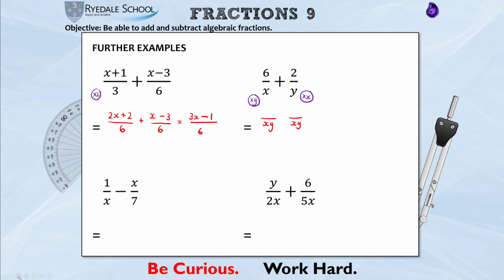So let's now multiply the numerators. If I've multiplied this one by y, this one is 6y. And if I've multiplied this one by x, this numerator is 2x. Putting it all over a common denominator, it is 6y plus 2x.